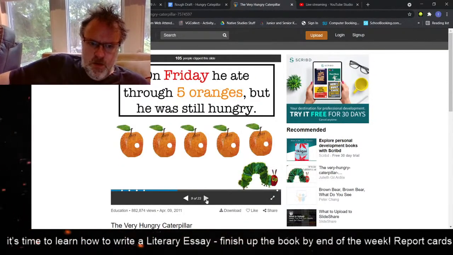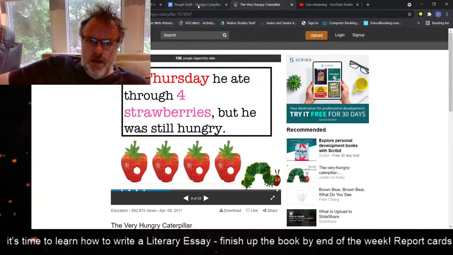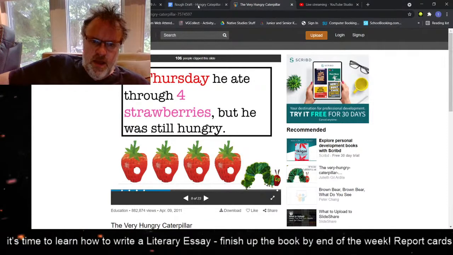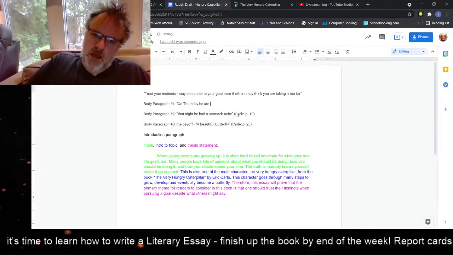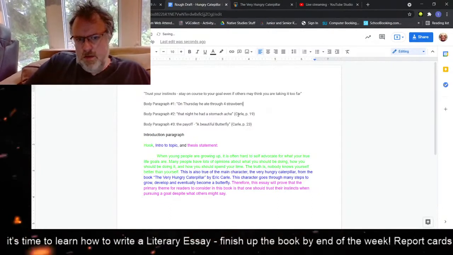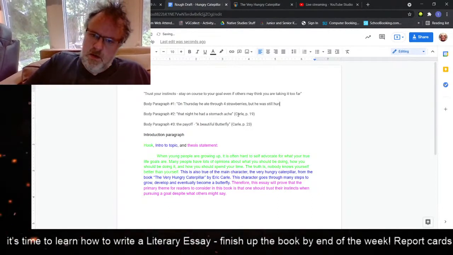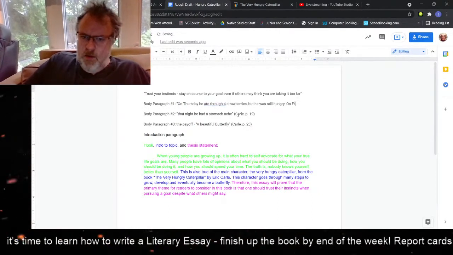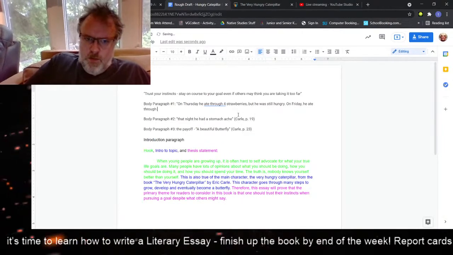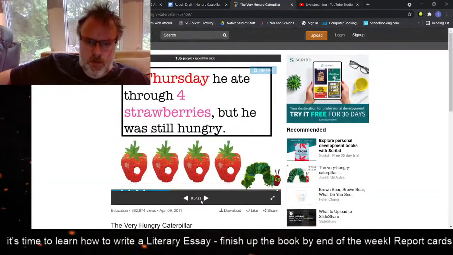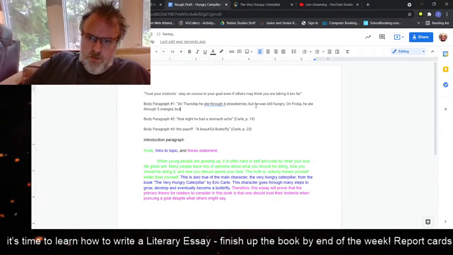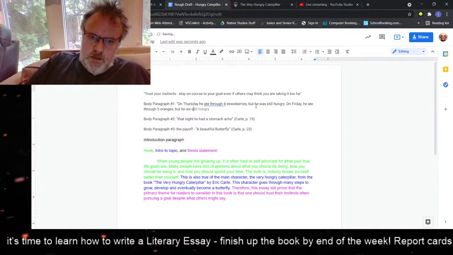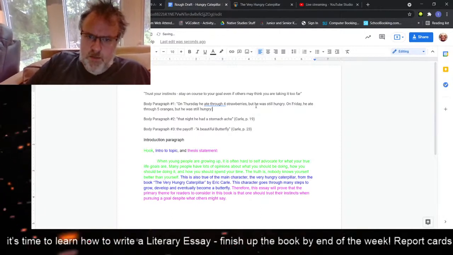So I think I'm going to go through Thursday and Friday. On Thursday, he ate through 4 strawberries, but he was still hungry. On Friday, he ate through 5 oranges, but he was still hungry.